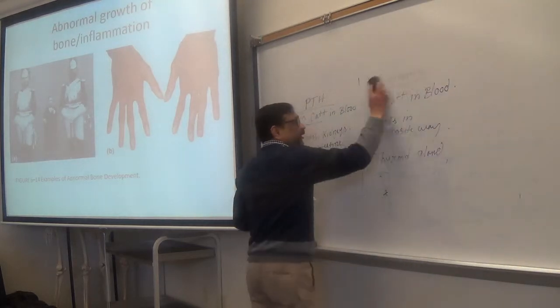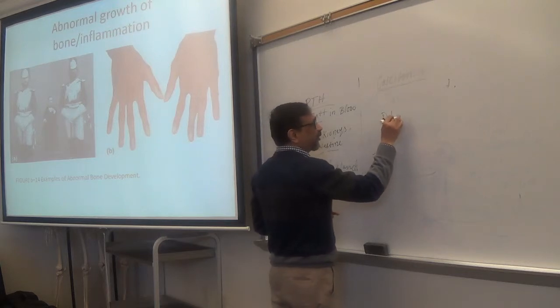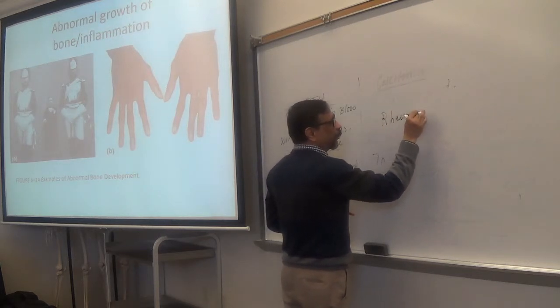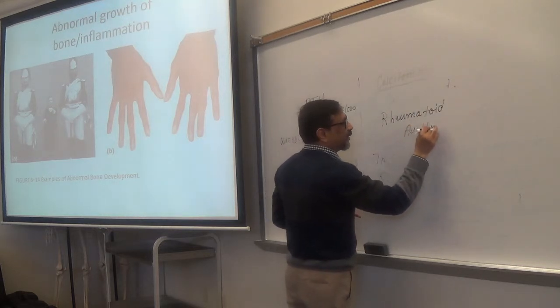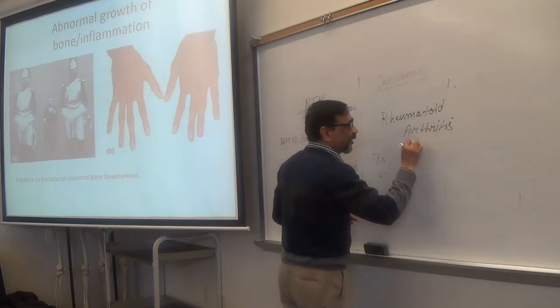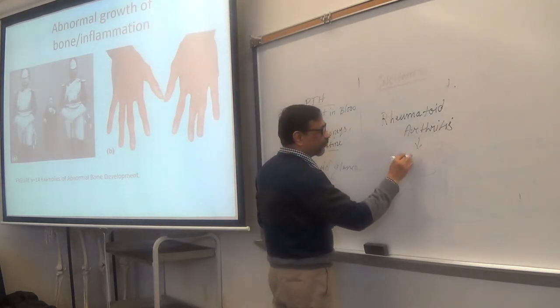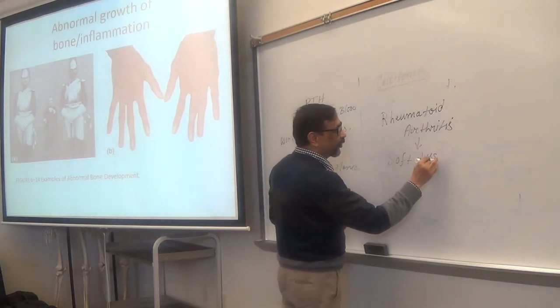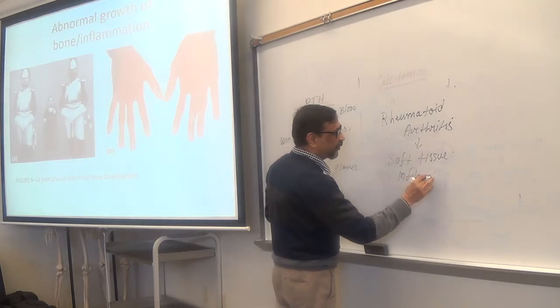Two more clinical conditions. One is called rheumatoid arthritis. That is the inflammation of soft tissue in your joint. Soft tissue inflammation.